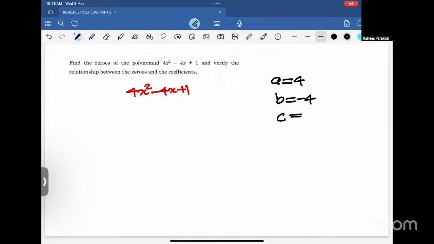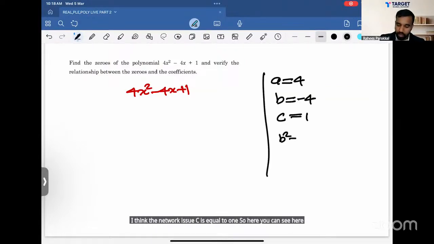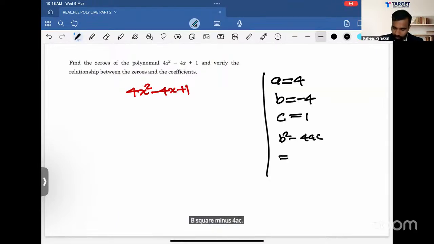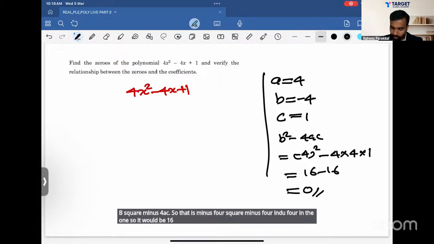Okay, sorry for the interruption. We are just continuing. I think there was a network issue. C is equal to 1. So here you can see, first find b square minus 4ac. That is minus 4 square minus 4 into 1, so it would be 16 minus 16, that is 0. B square minus 4ac is equal to 0.